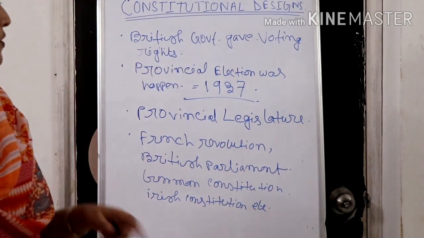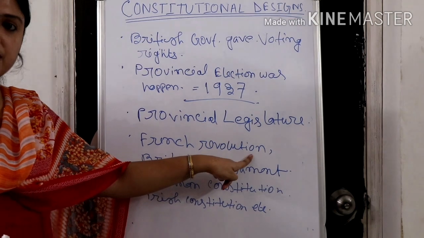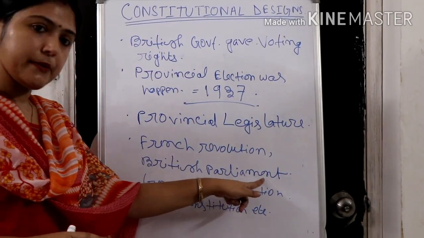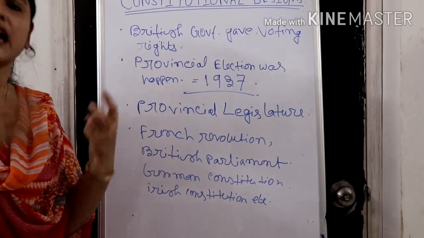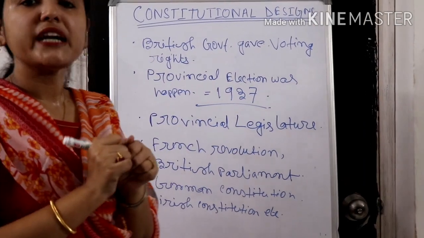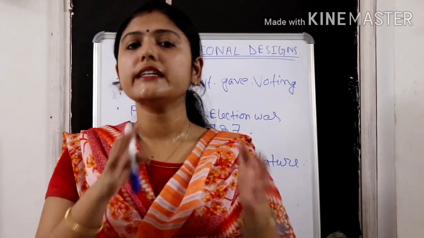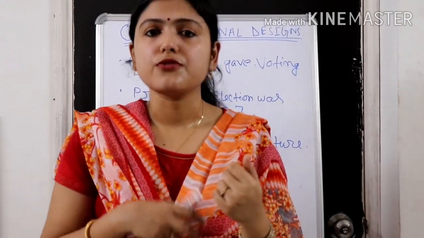Okay. So from the event of the French Revolution, from the structure of the British Parliament, and the German Constitution, the Irish Constitution and the Russian Constitution also, we are getting ideas about what good things need to be included in our Constitution and help it flourish.